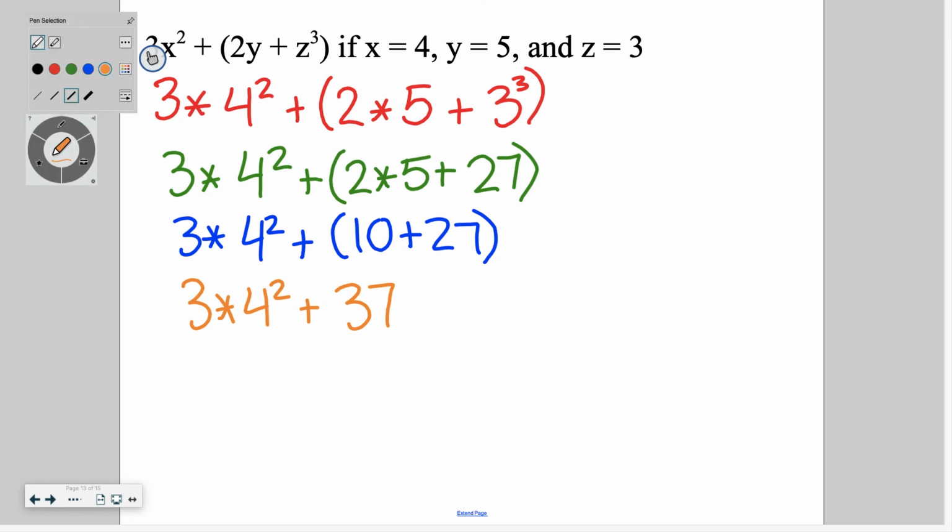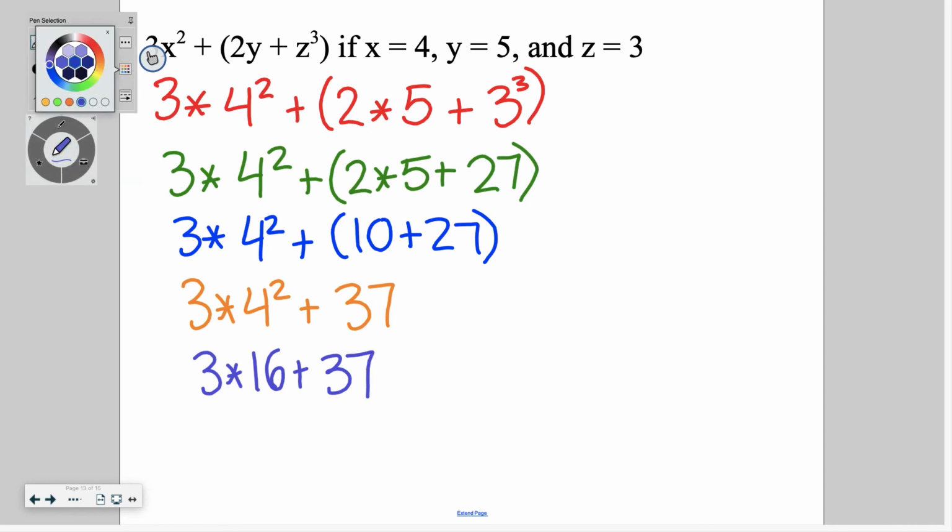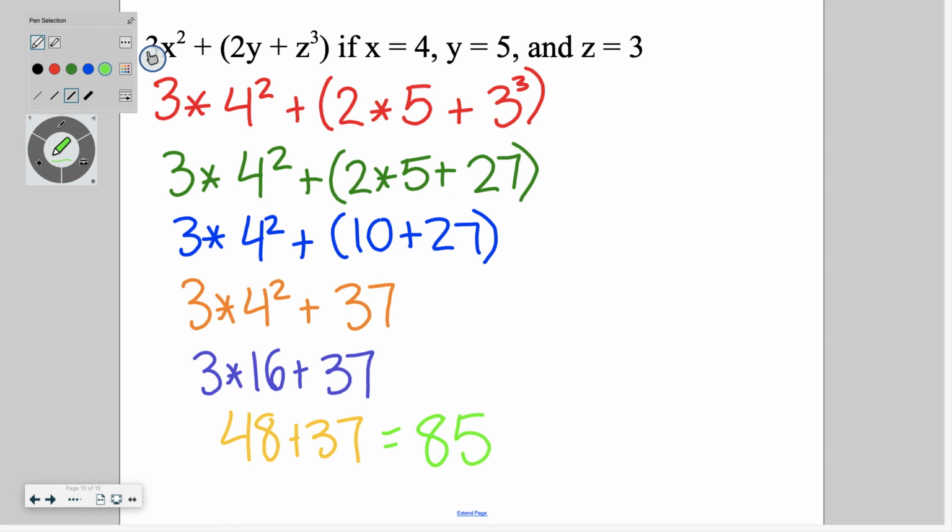Now we're going to go ahead and move on to exponents. So we've got 4 to the second power, which is 16. Then we're going to do multiplication. 3 times 16 is going to give us 48. And then finally, 48 plus 37 gives us a final answer of 85.